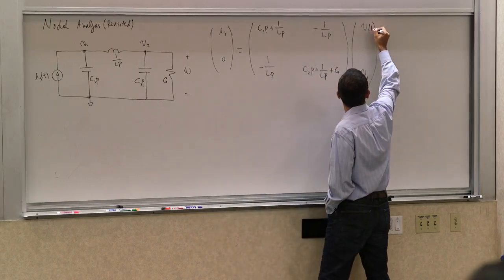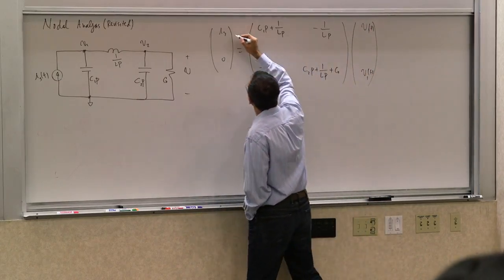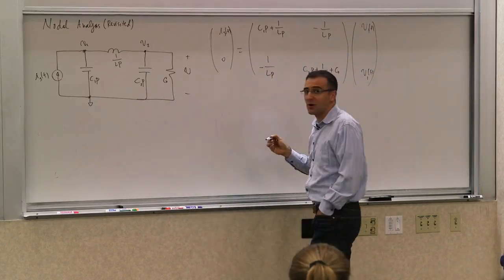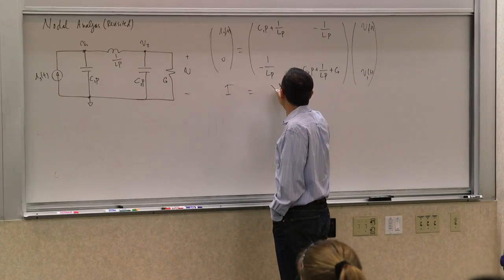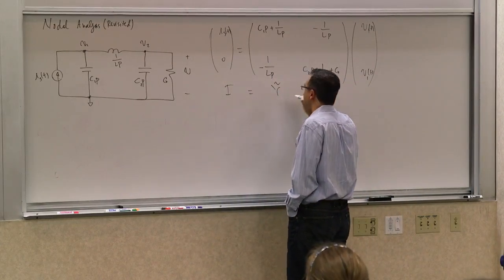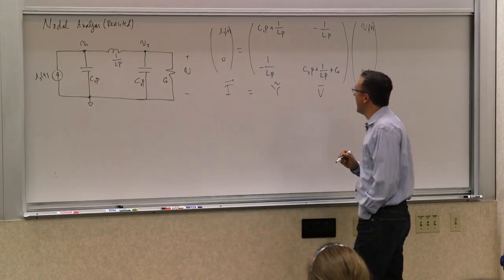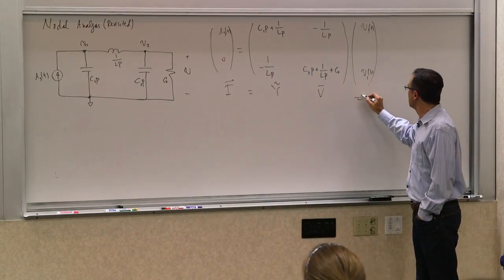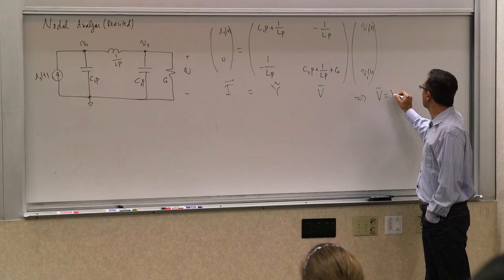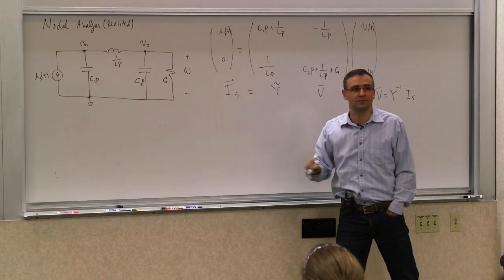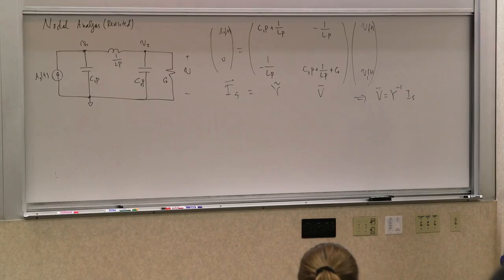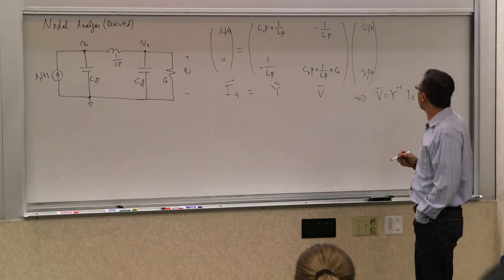So it's applying to V of t here. And then to solve the problem, obviously we need to invert it. So this is I equals Y V. To solve this problem, we write V equals Y inverse times IS. So now we need to invert. Thank you for that important clarification.